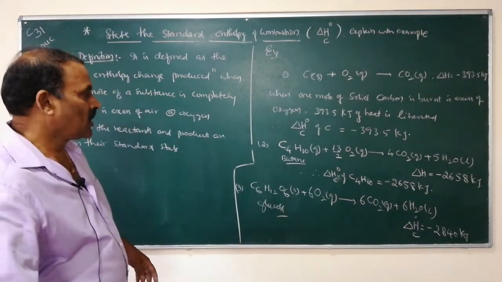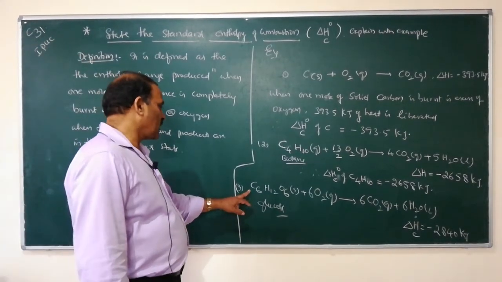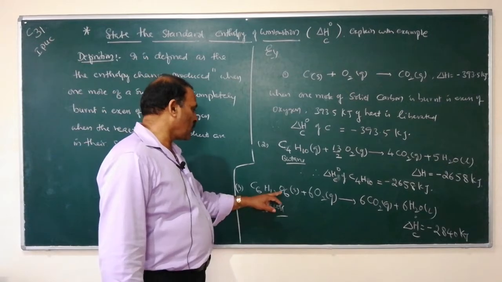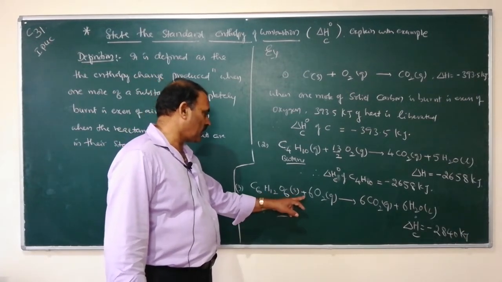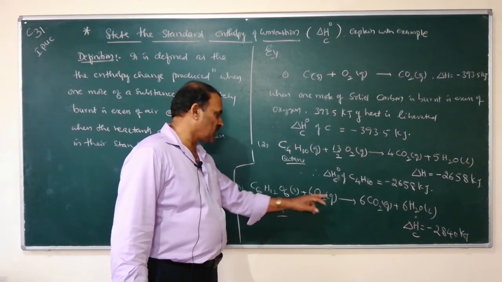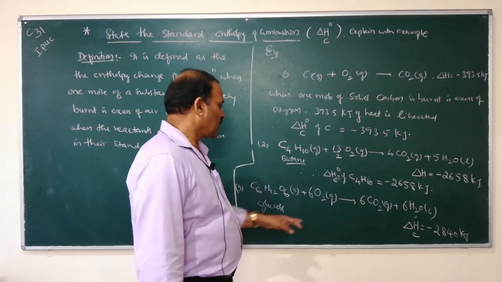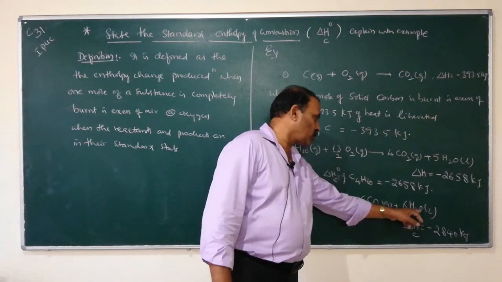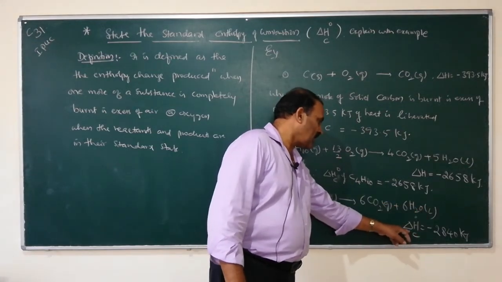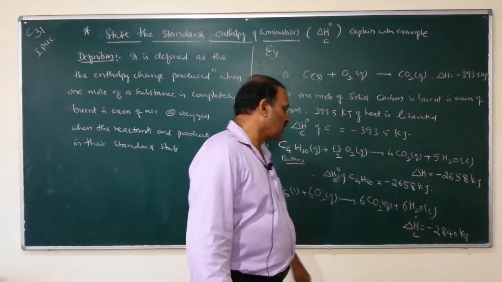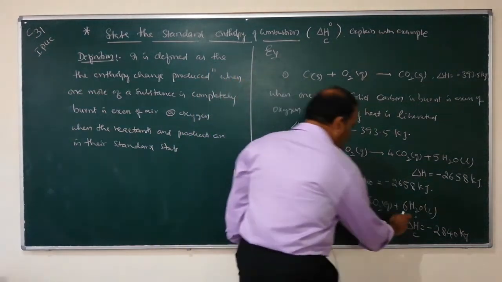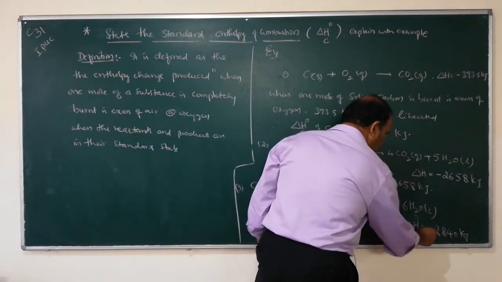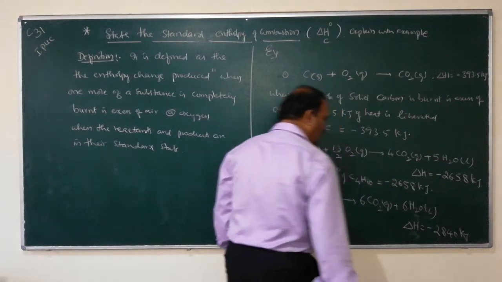So similarly, write this one: glucose C6H12O6 solid plus 6O2 gas gives 6CO2 gas plus 6H2O liquid. Here you can write delta H equals minus 2840 kJ.